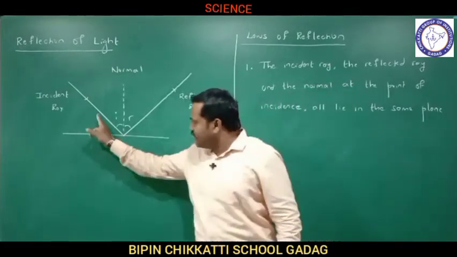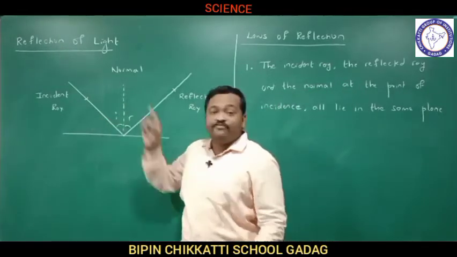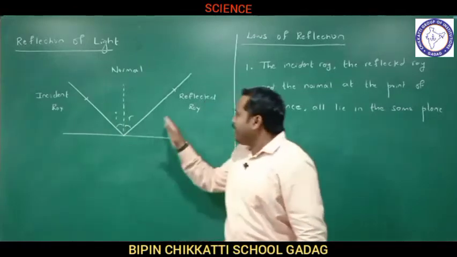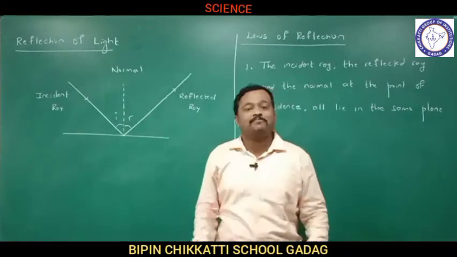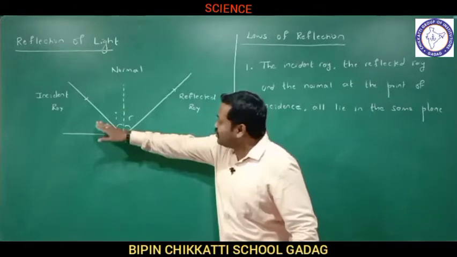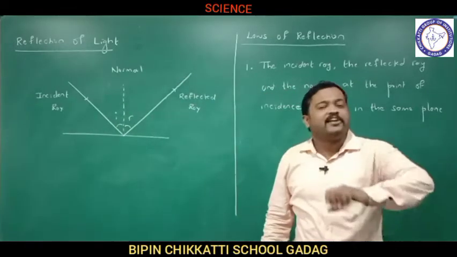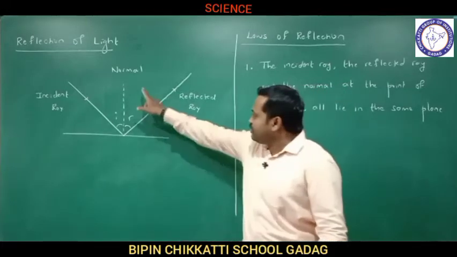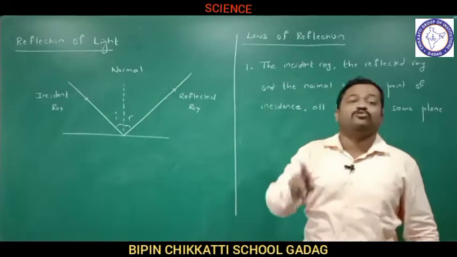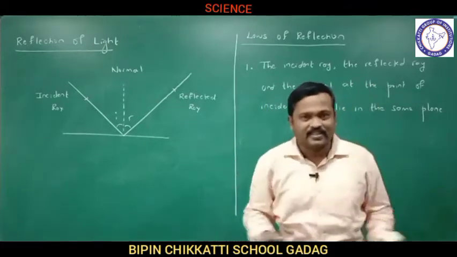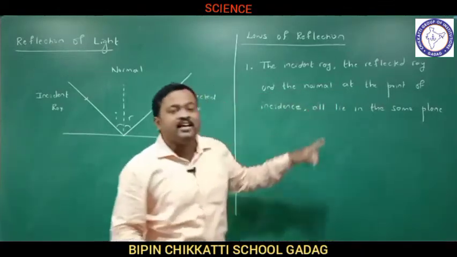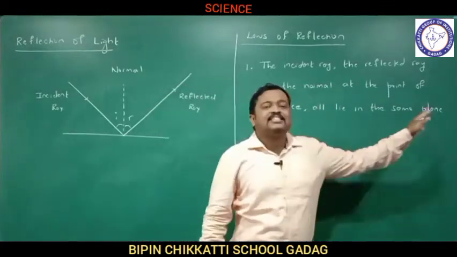If the incident ray is on the blackboard, the normal will be on the blackboard, and the reflected ray will also be on the blackboard itself. All these lie in the same plane. There cannot be a reflection where the incident ray is on the board and the reflected ray is outside the board. It is not the case. Always, all these three are in the same plane.